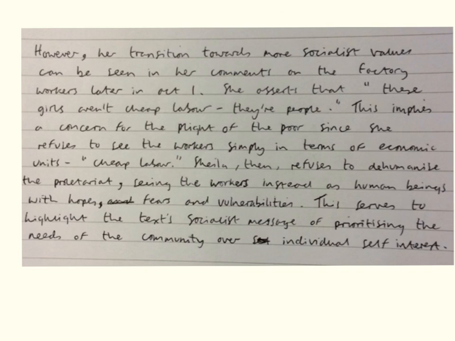Et voila. Once I've read this paragraph, you can think about at your leisure how this paragraph satisfies the criteria for the highest grades at GCSE. "However, her transition towards more socialist values can be seen in her comments on the factory workers later in Act 1. She asserts that these girls aren't cheap labour, they're people.